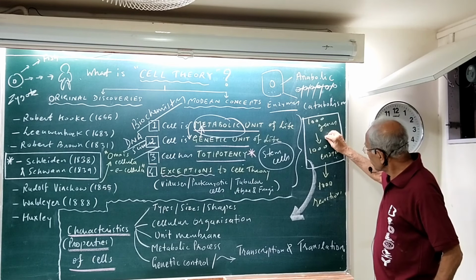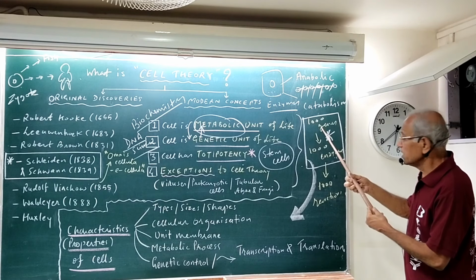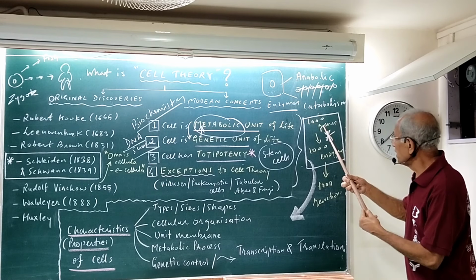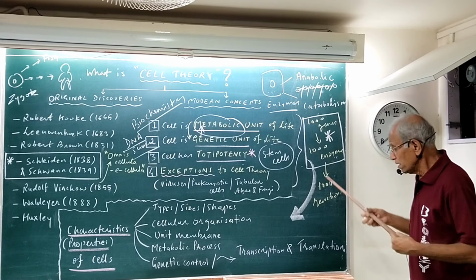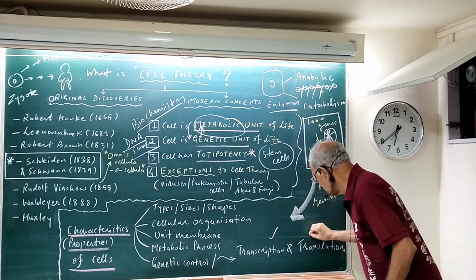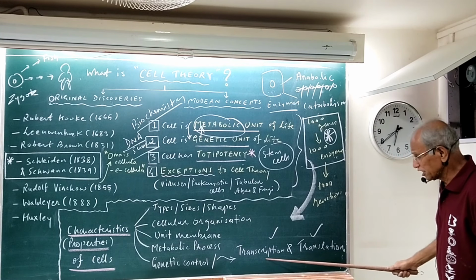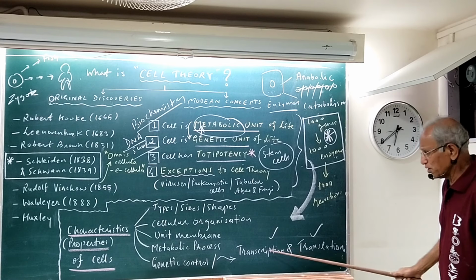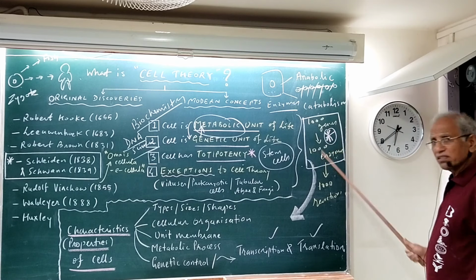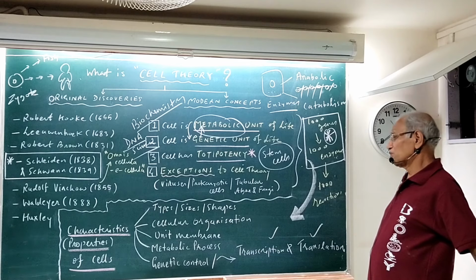And this particular process of the genes producing the enzymes, genes meaning DNA, DNA controlling the protein, is divisible into two clear-cut segments, transcription and translation. We will be talking about this. So transcription and translation is a part of the genetic control, and genetic control is this, genes controlling the enzymes. So all these things are common to most of the cells.